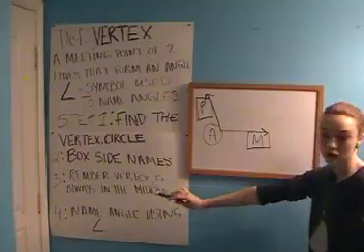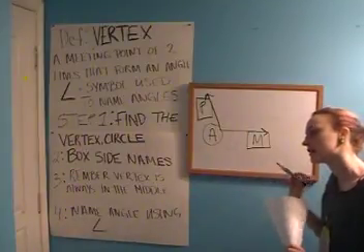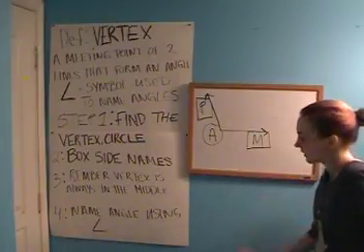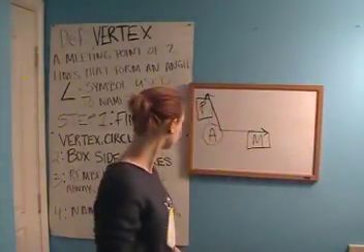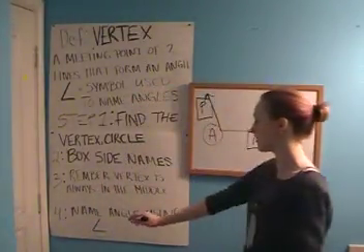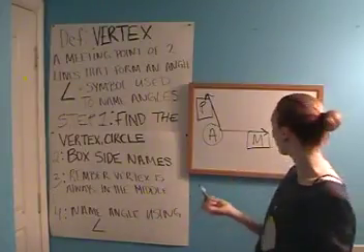Remember, step 3 is remember that the vertex is always in the middle. Okay? Because that's the whole point of naming the angle. And then the 4th step is name the angle using the symbol.